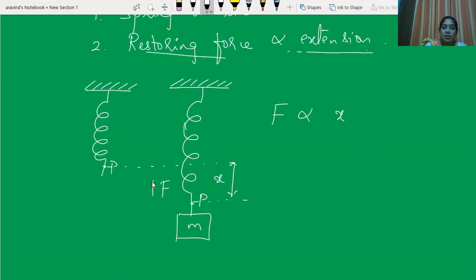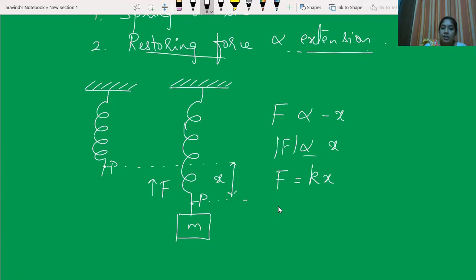The restoring force is acting upwards because this should come back to the original point P. So I can say minus X. The magnitude is proportional to distance, only the direction is opposite. When I remove the proportionality sign, I have to replace it by a constant. So let me say the constant is K.